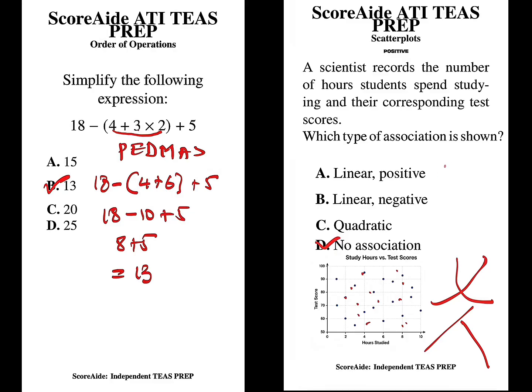Remember, linear positive like that, linear negative like that, quadratic or something like that, concave upward or downward. Perfect. Okay.